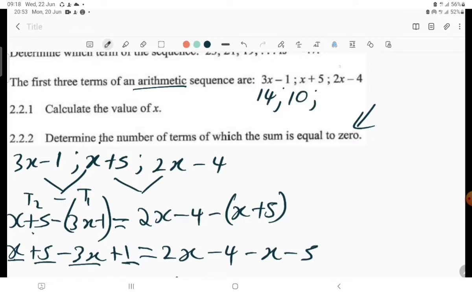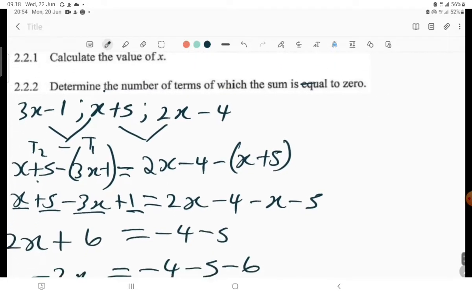Then the third term, 2 times 5 is 10, then 10 minus 4 is equal to 6. So you can see now that the common difference is negative 4.